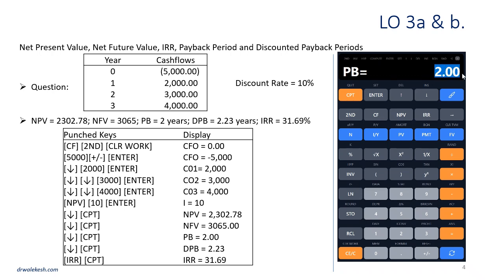I'm still not done yet. I need the discounted payback period, so I need to press arrow down. It is still not computed. I need to compute it. I will press compute. I have my discounted payback period. So let us also assume that I need IRR. So what can I do?